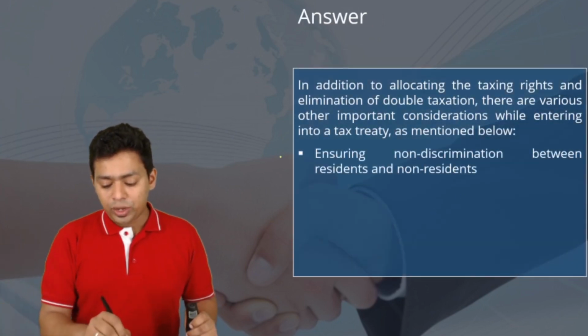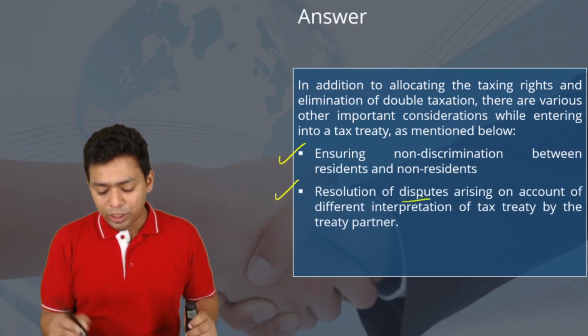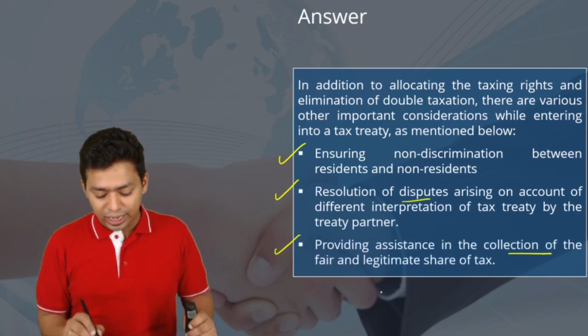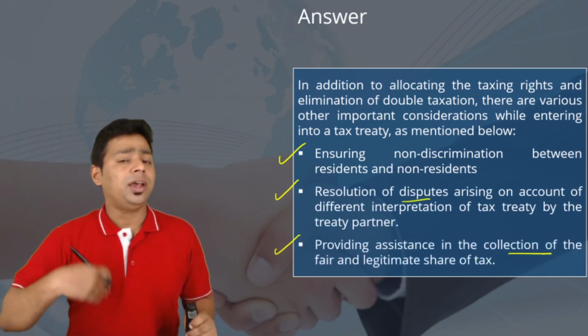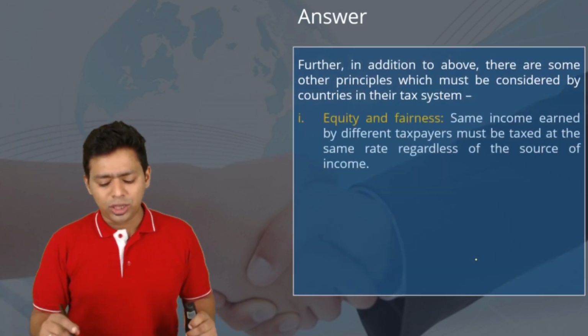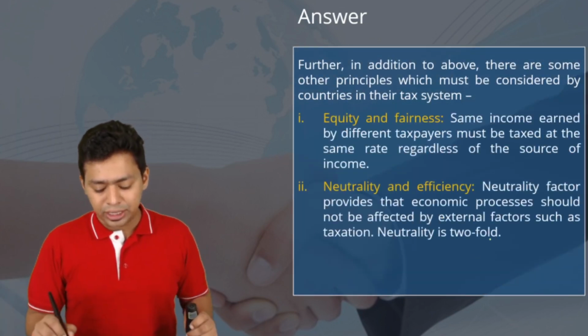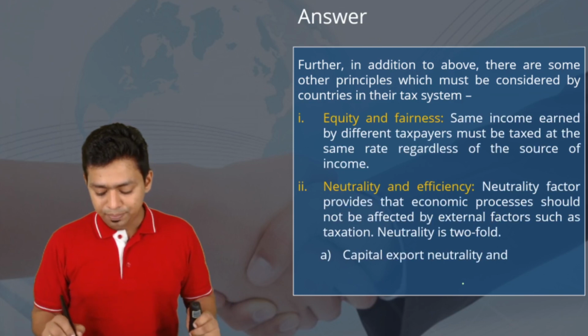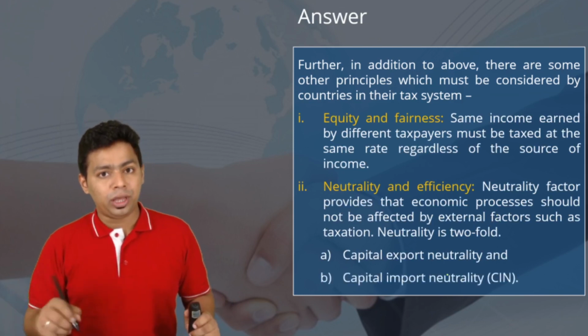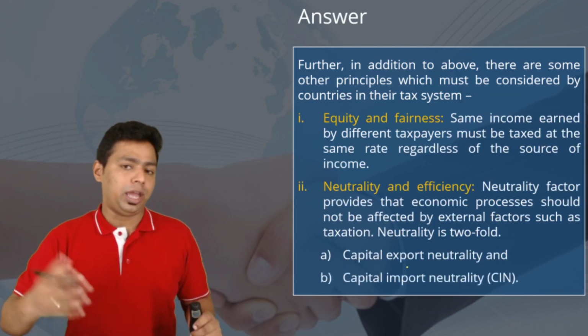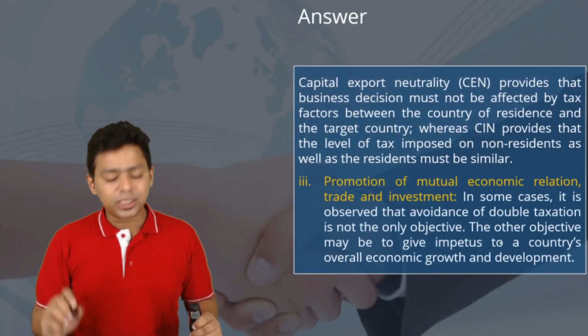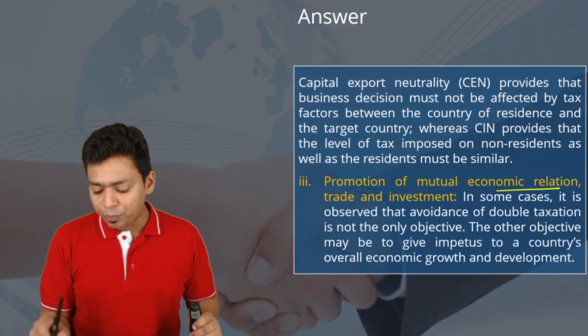Ensuring non-discriminatory resolution of disputes, providing assistance in collecting the fair and legitimate shares of tax, sharing the information. So all these things we have discussed. Equity and fairness, neutrality and efficiency. Then there are types of neutrality, capital import neutrality and capital export neutrality. So all these things we have already discussed. Promotion of mutual economic relation, trade and investment.